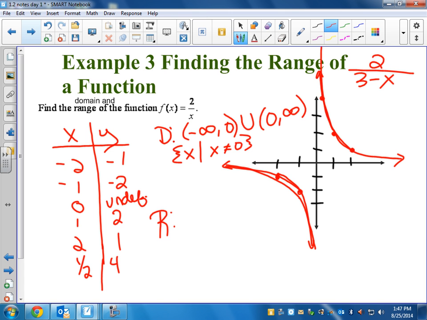This one's going to go down to negative infinity forever, but it's never going to get to 0. There's no number you can plug in here that would ever give you a y value of 0. So the range is the same thing. Shortcut way with the set notation: you can say y is everything but 0, the exact same way.